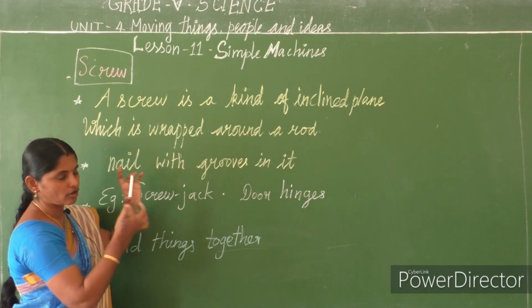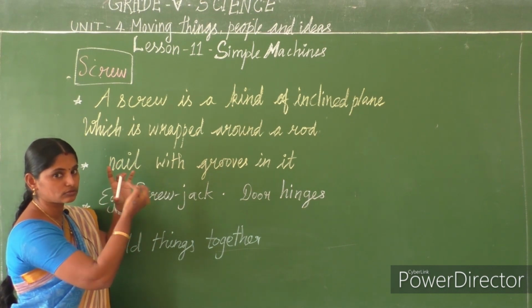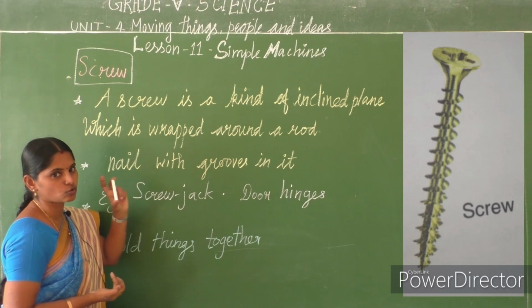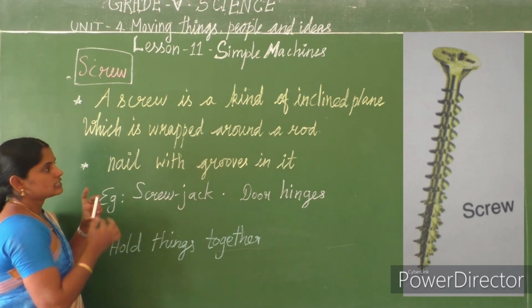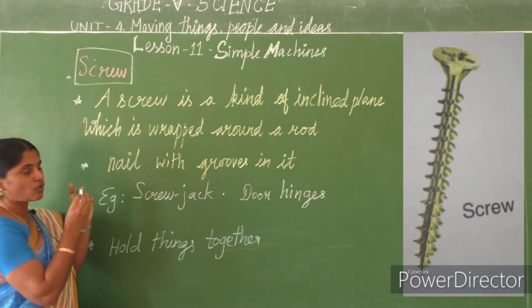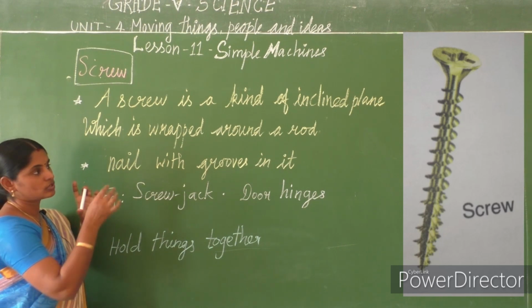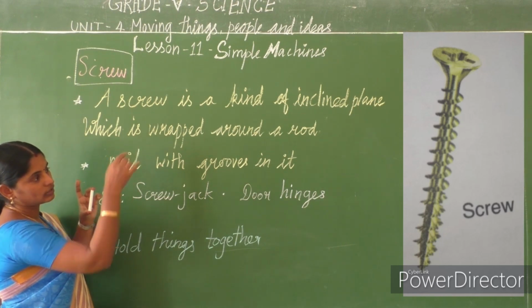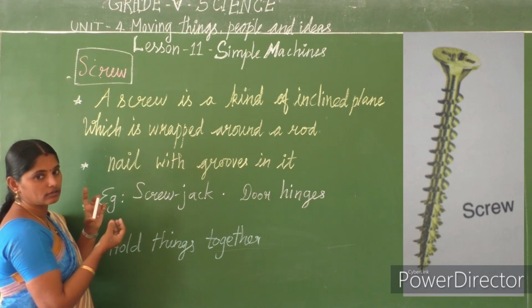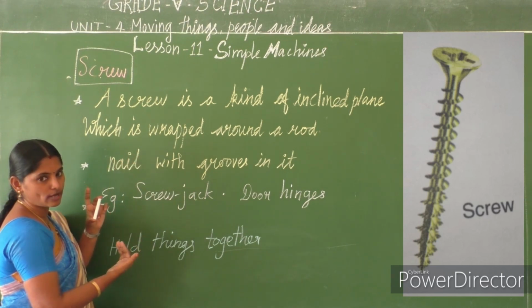It is wrapped around, spiraling, with a groove, in a screw, isn't it? So what is the use of the screw? Look at the screw. At the end, it has one blunt end and one sharp end, no?